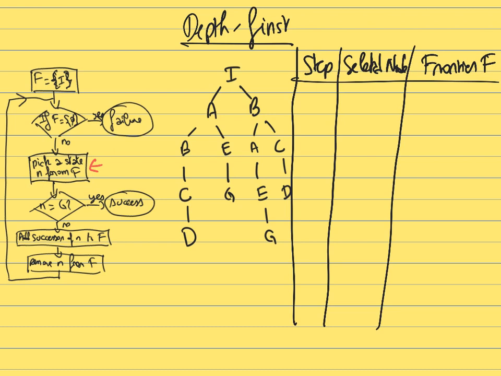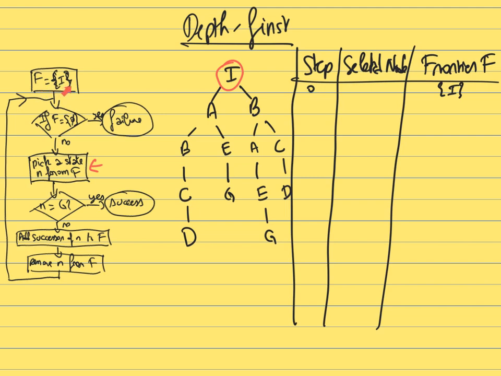So let's do that. We start initially by saying that the frontier at step 0 is just the state I. This is the same beginning as the previous algorithm. So we are at this position here.